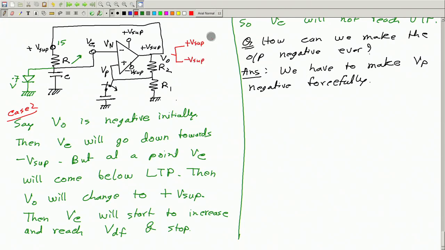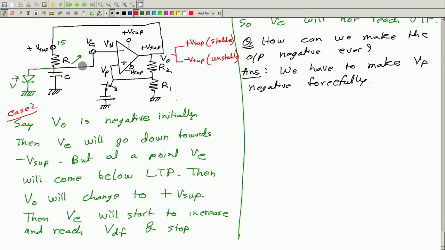Among these two, this is the stable output. So, if the output is positive at any point, then it will remain positive and the output will not change. But minus output is not stable, because if ever the output is negative, then this negative output will try to make the capacitor voltage negative.